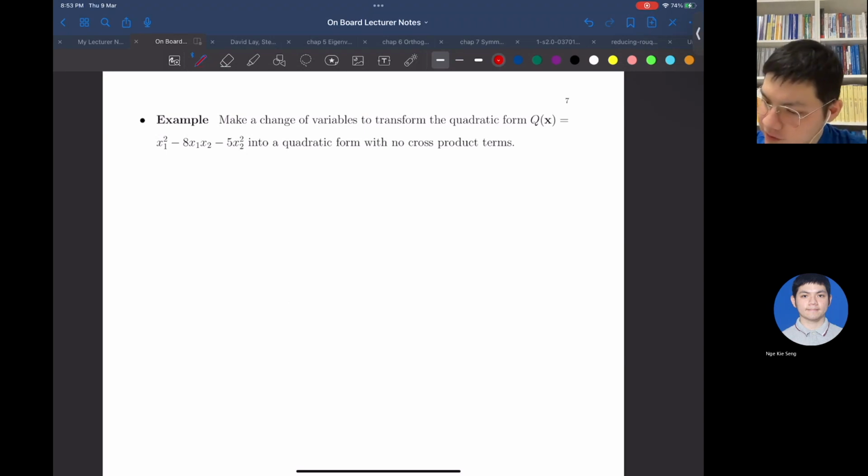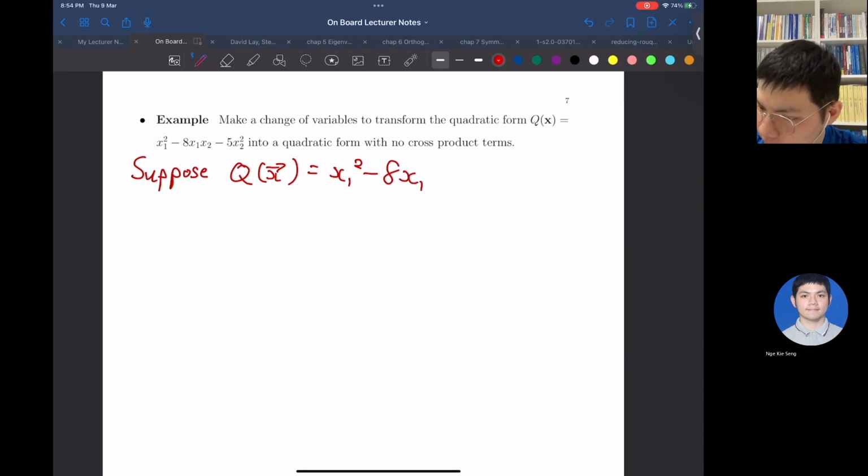So let's write Q(x) in terms of a symmetric matrix. So suppose Q(x) is equal to x1 squared minus 8 x1 x2 minus 5 x2 squared.